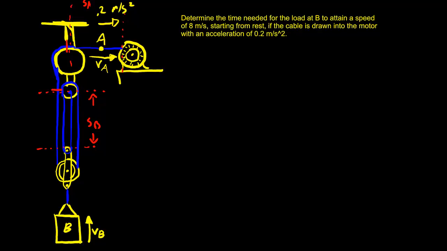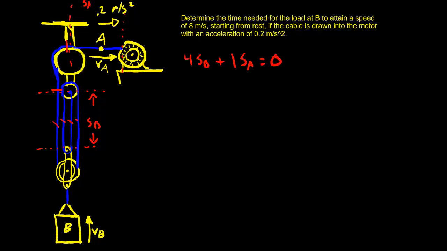So, that being said, let's write an equation describing the length of the cable. As you can see here, we have 1, 2, 3, 4 cables within the SB range. So we can write that as 4 SB, plus, because we have an extra cable, 1 SA, and we can just set that equal to 0.